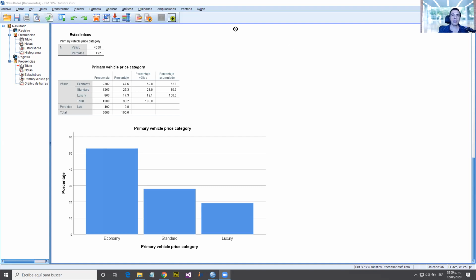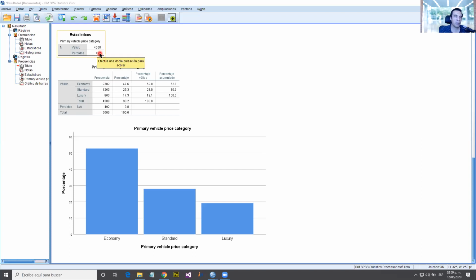Okay, so right here, if you remember, on the past one I asked you how many results, how many data we had, and we said 5,000. But in this case, we have 492 lost values.